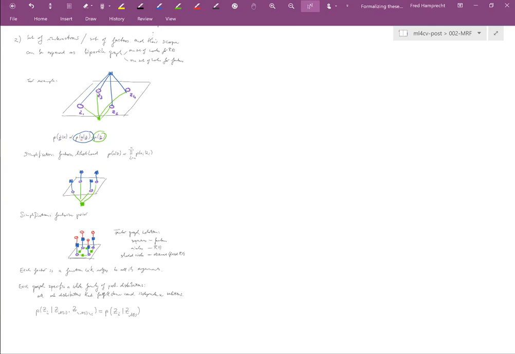For example, if my graph is just a tree, then I know that I can find the mode of my distribution in polynomial time.